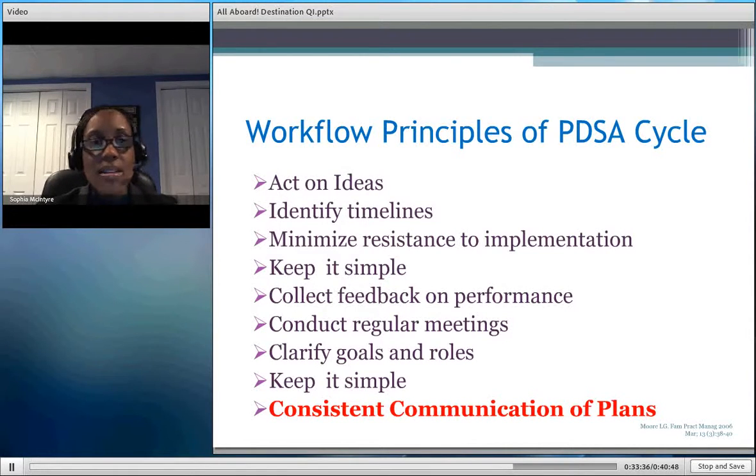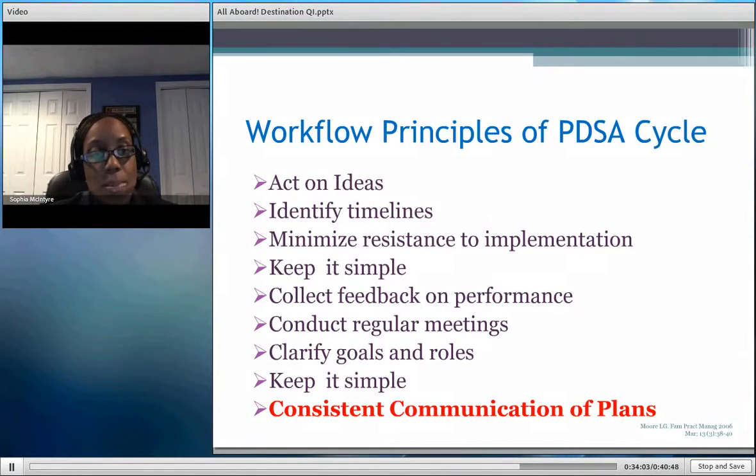And here I'd like to look at some workflow principles for PDSA cycles. You need to act on your ideas. So you've gone through the whole process. You've identified your goals, you've analyzed your data, you've identified your strengths, your weaknesses. You've now come up with an action plan on what to do. So now, don't just keep the information, but act on the ideas.